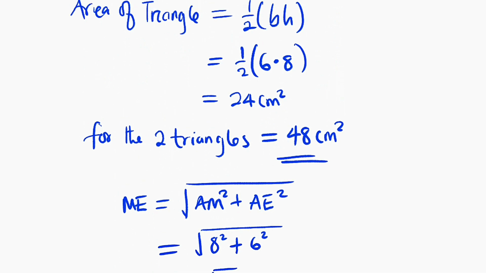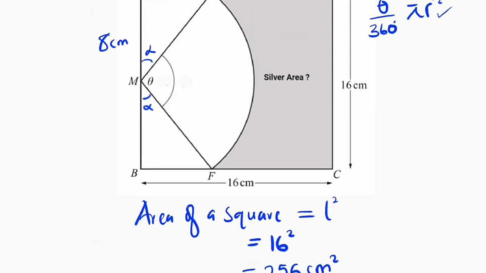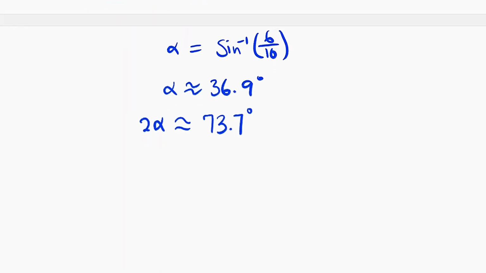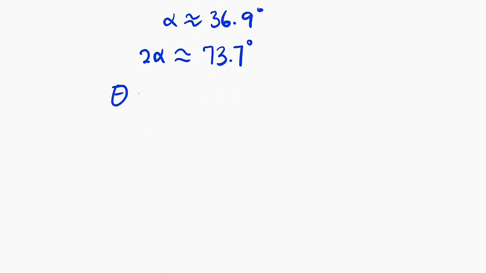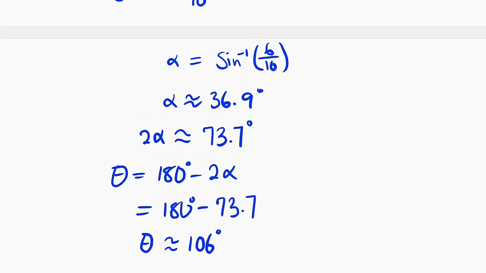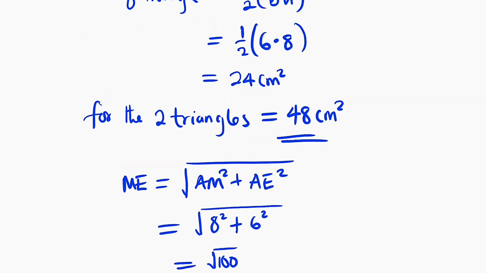To obtain theta, which is the angle of the sector, we take away 2 alpha from 180. Therefore, theta is equal to 180 degrees minus 73.7, and theta is approximately equal to 106 degrees. So now we can use this theta and radius to find the area of the sector.